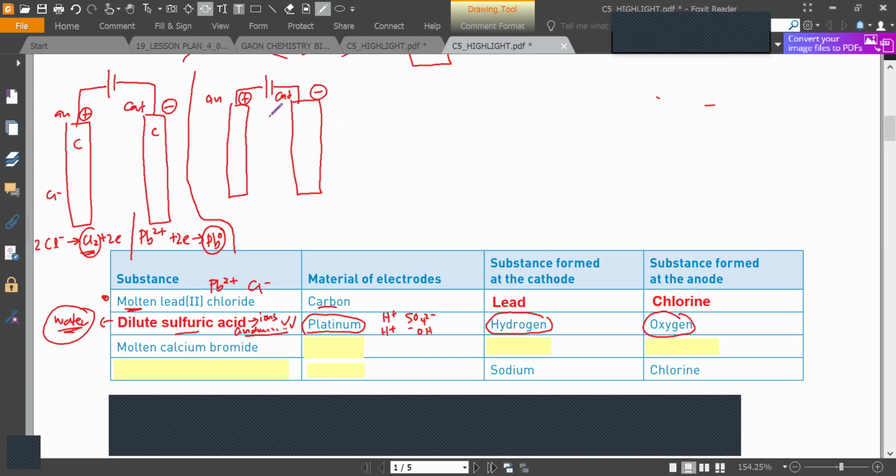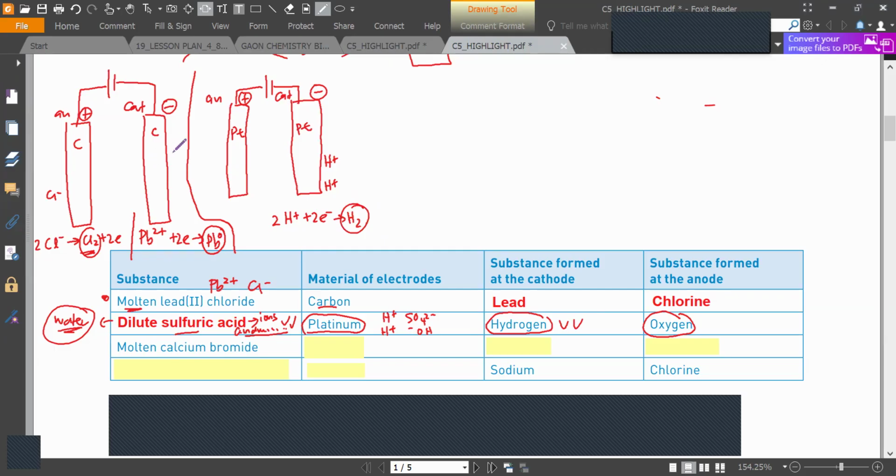Platinum electrode is inert. Here both are H plus, so both will react. Two H plus plus two electrons form hydrogen gas. So that's why we have hydrogen gas here.